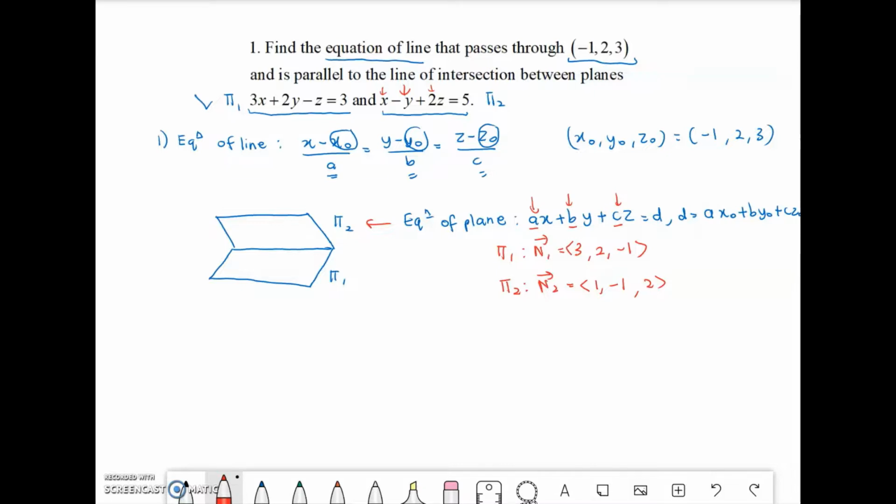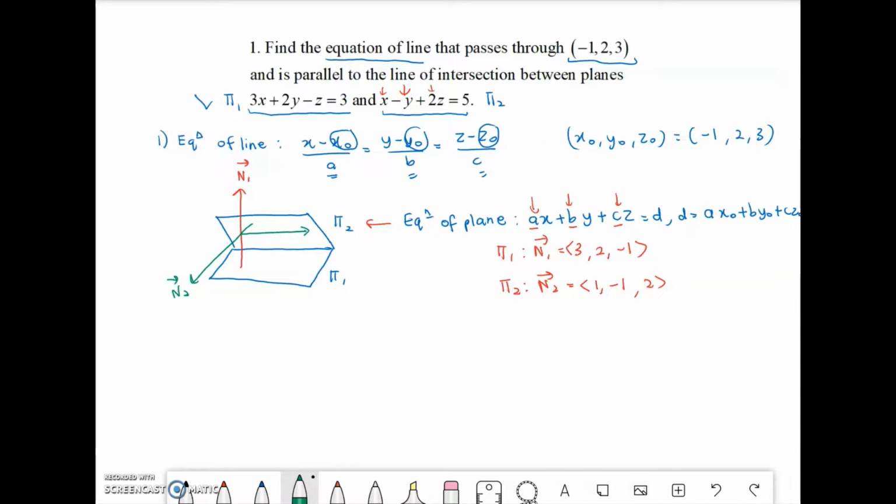So if we draw this, we know that this is the normal vector for plane 1. Okay, and then we have a normal vector for plane 2. So the cross product of these two normal vectors will give a vector that is perpendicular to n1 and n2.